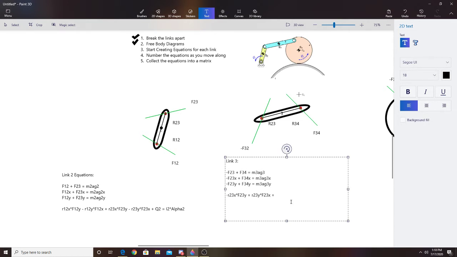Only for this first one though, the rest of them are the same, or the other side of it is. X, okay, is equal to I3 times alpha 3. Yeah, that looks good.